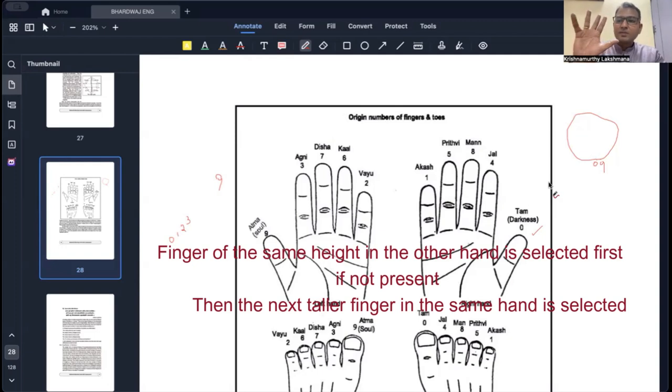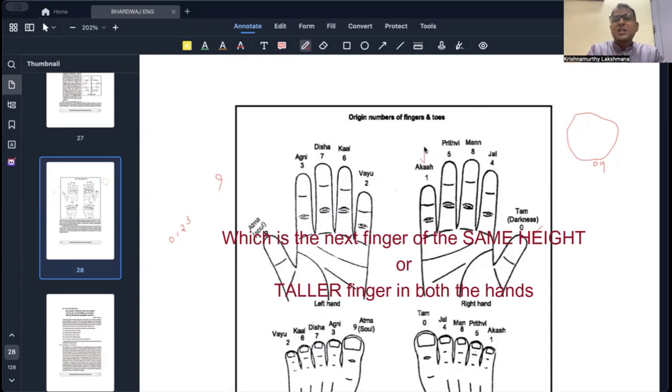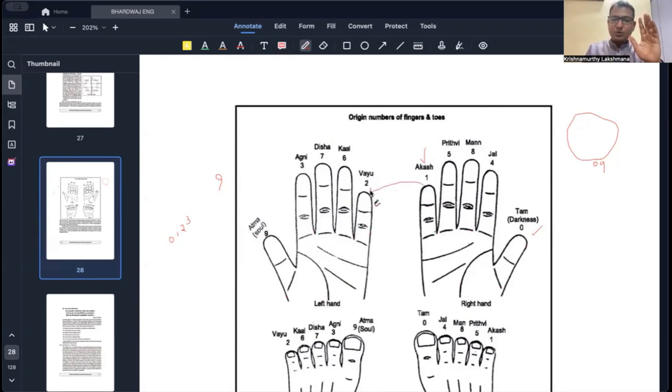So that will be number 1. And which is the next small finger in the entire set? The left small finger. So I will move from 0 to 1 and 1 to 2. Why not the left thumb? We'll come to it.